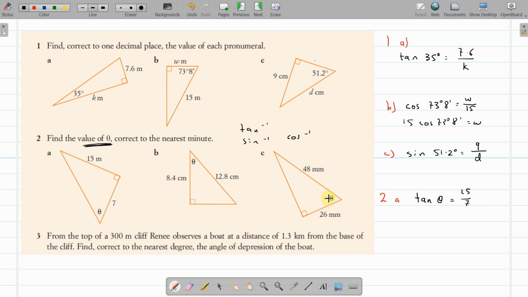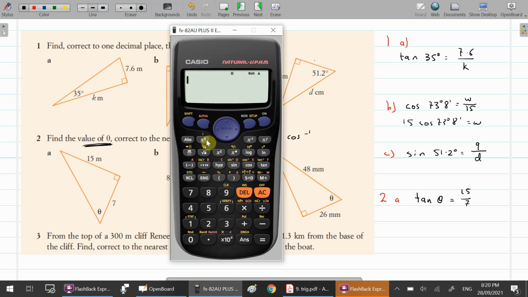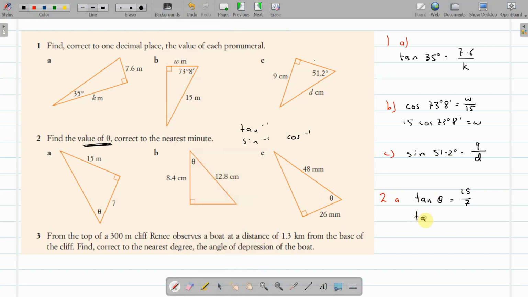And then on the calculator step, you press shift, tan, and then put this fraction in the brackets, 15 over 7, and press equals. And that'll give you the angle. So it'll be tan to the -1 of 15 over 7.